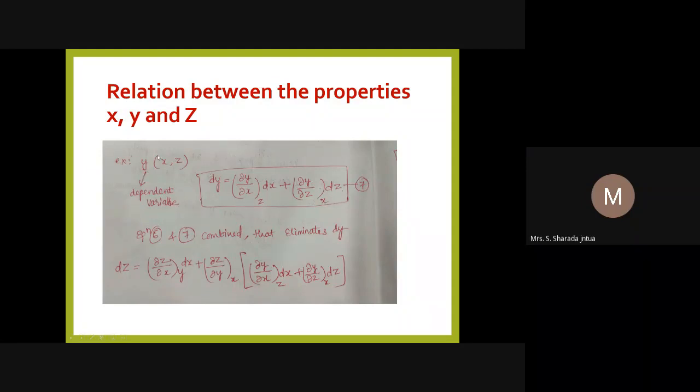But here y and x are mathematical expressions, so I am using the term variable. If I am talking in a thermodynamic way, then I should write dependent properties. Now we are doing a mathematical expression, so I'm using dependent variable. Previously how we derived equation 6, in the same way I have written this equation 7.